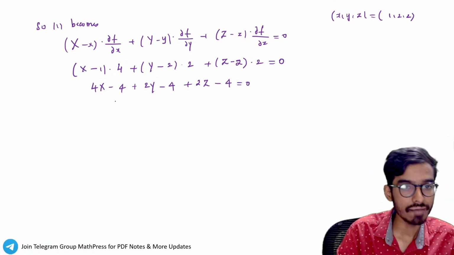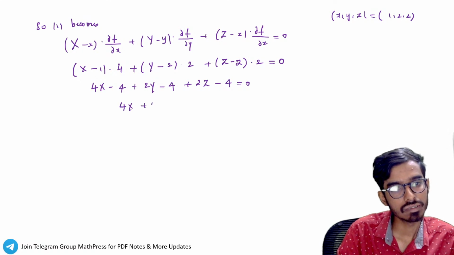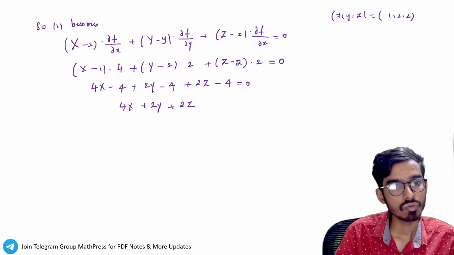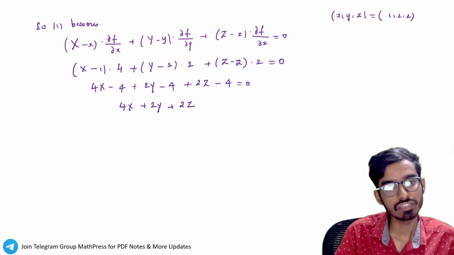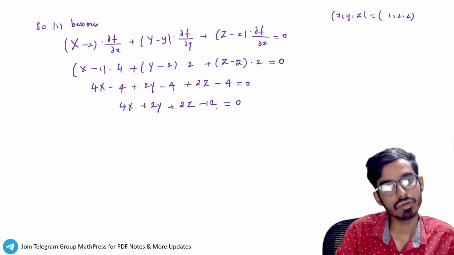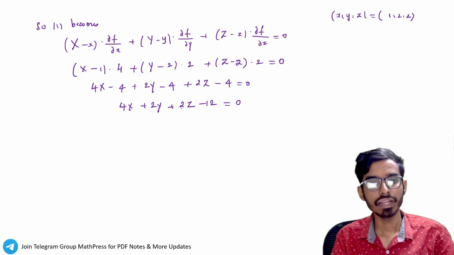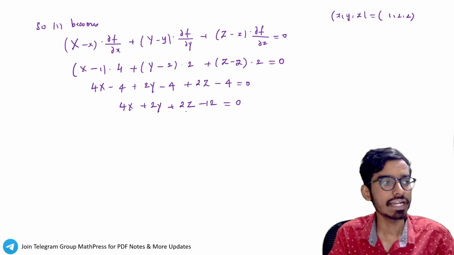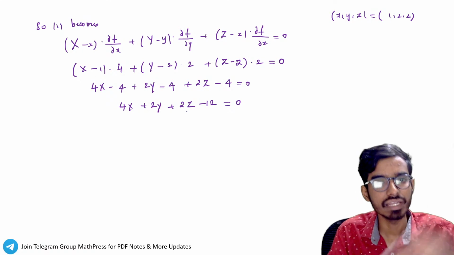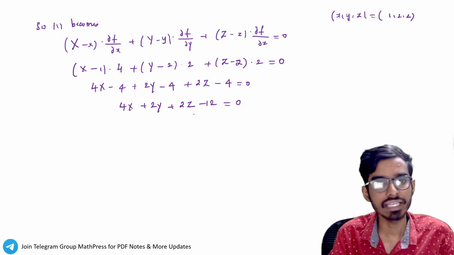So we will be having 4x plus 2y plus 2z, and minus 4 minus 4 minus 4 will be minus 12 is equal to 0. This is the equation of plane, right? If you have seen analytical geometry, what is the general equation of plane? ax plus by plus cz plus d is equal to 0.